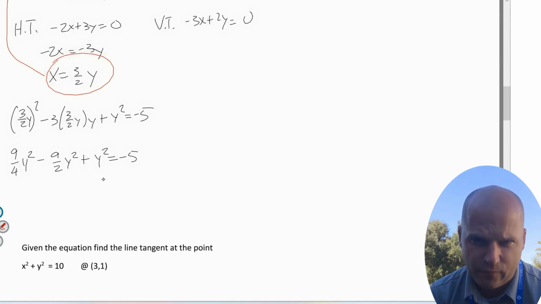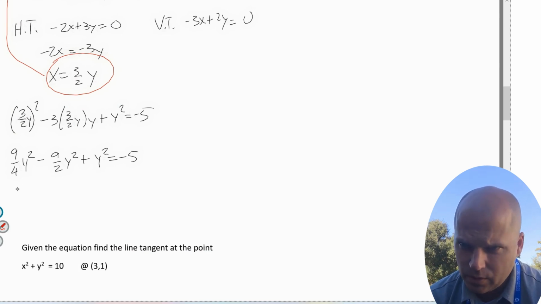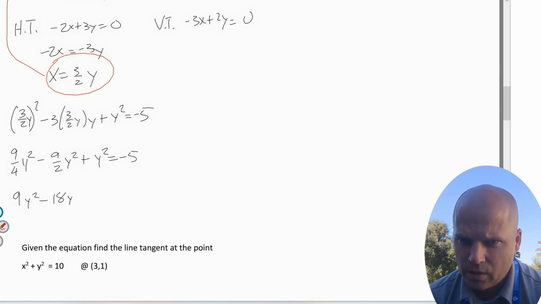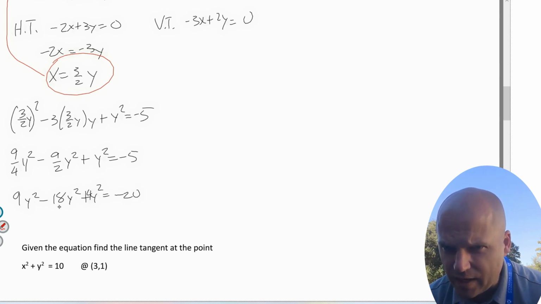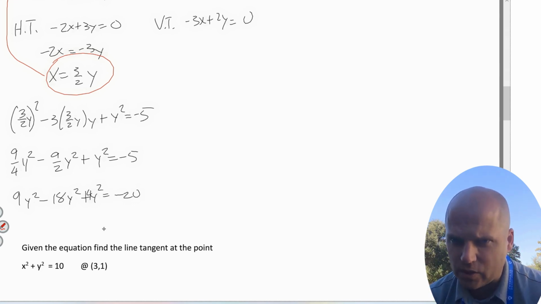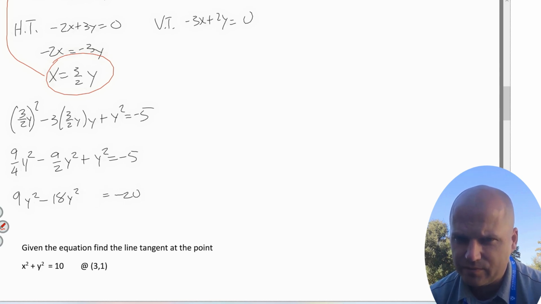Honestly, I could multiply everything by 4 if I wanted to. I'm going to multiply everything by 4 just because I think it's going to be easier. And I get -9 plus 4y squared, which is -5.